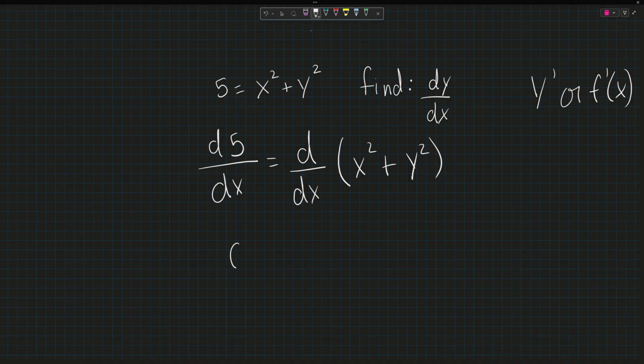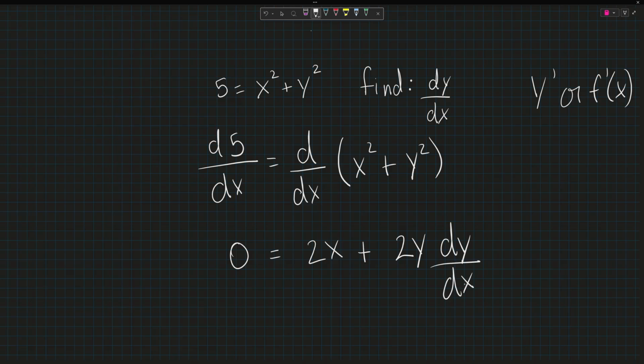The derivative of 5 is 0. We know that. Now, here, the derivative of x squared we know is 2x. Plus, you would do the same for y. You take the 2, multiply here, and then you subtract 1 from the exponent. 2y, but then this would become dy over dx.